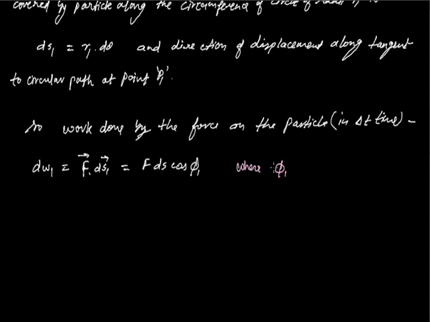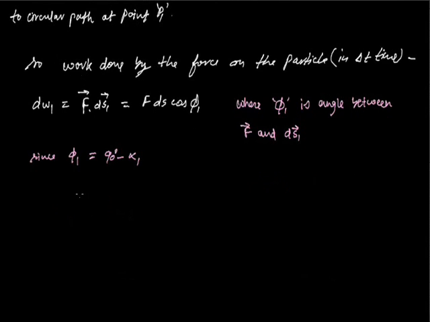Here phi 1 is equal to 90 degrees minus alpha 1 as shown in the figure.